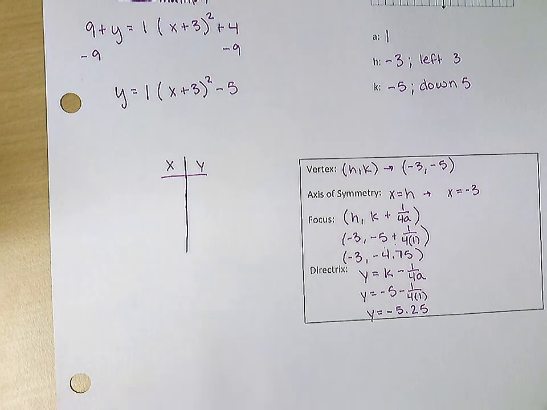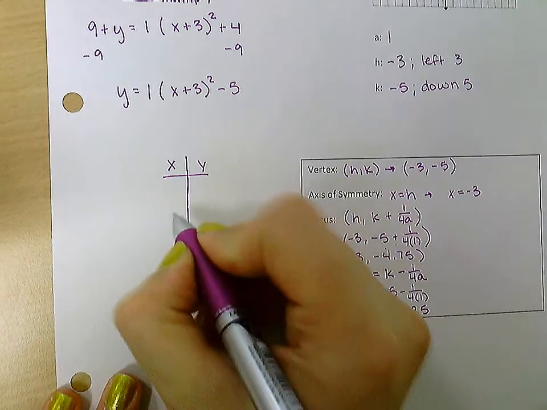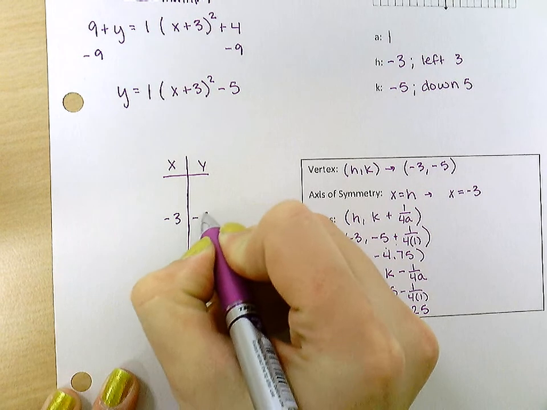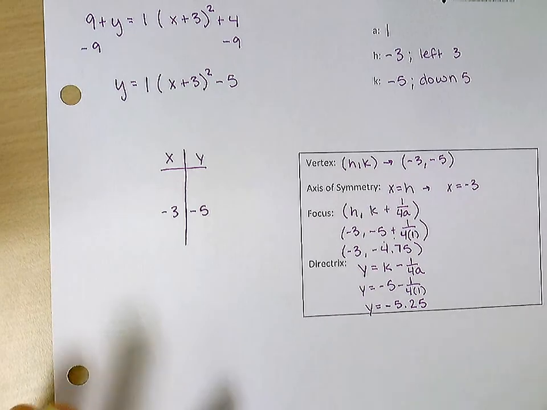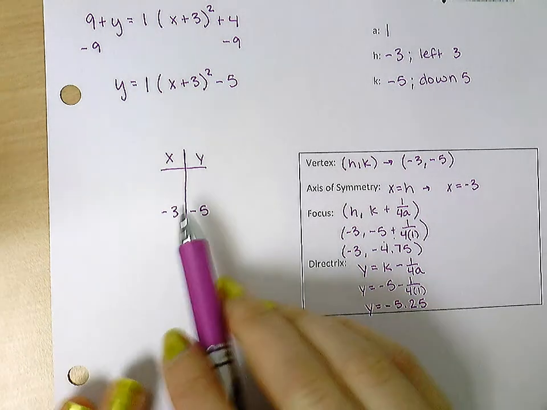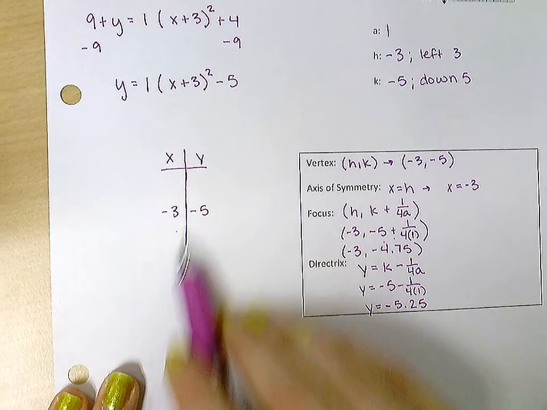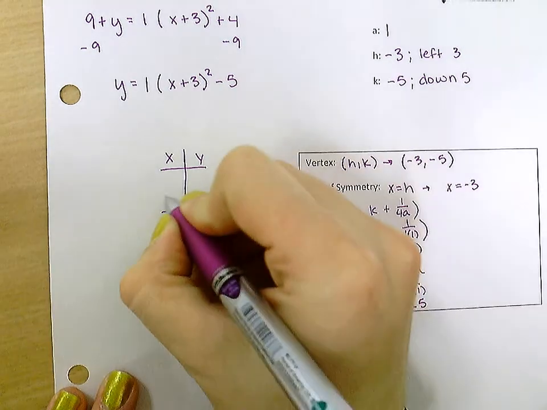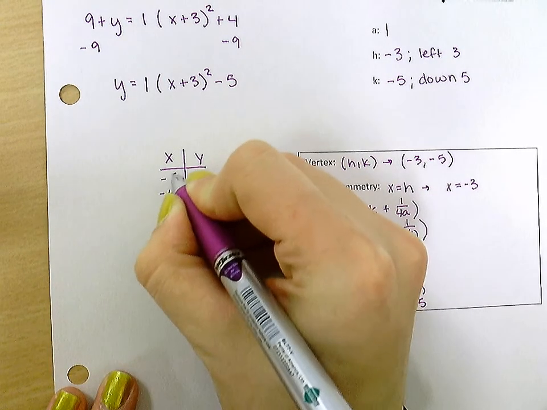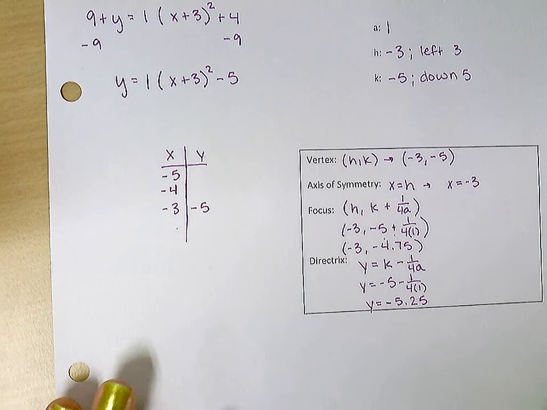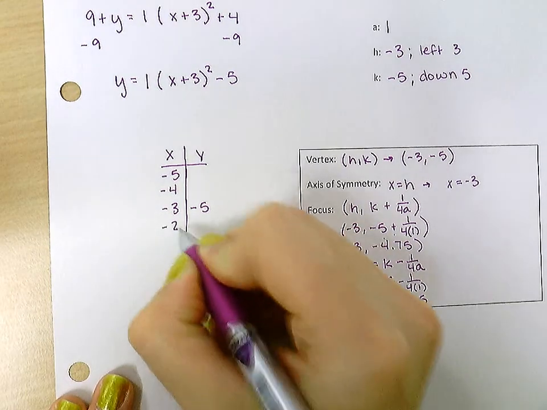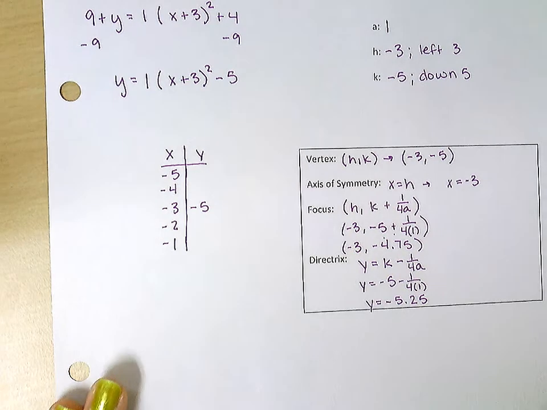Okay, so we have our x, y chart here. Our vertex should go in the middle. So we have -3, -5, and we want to surround that vertex. Points that surround that vertex on your x side here. So we'll go down to -5 and -4, and then up -2 and -1.